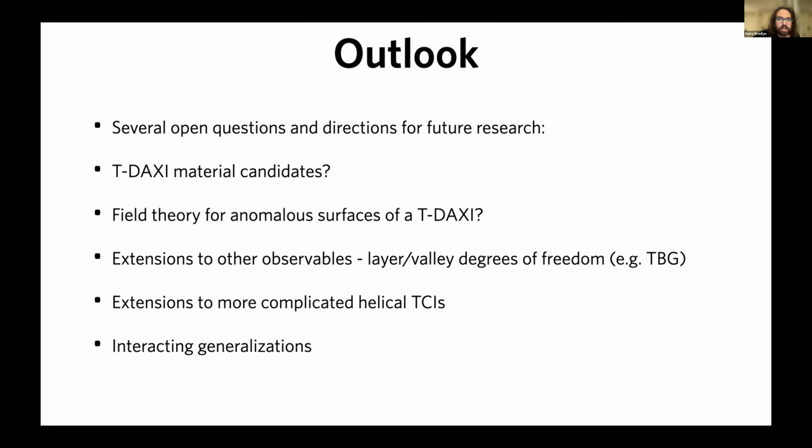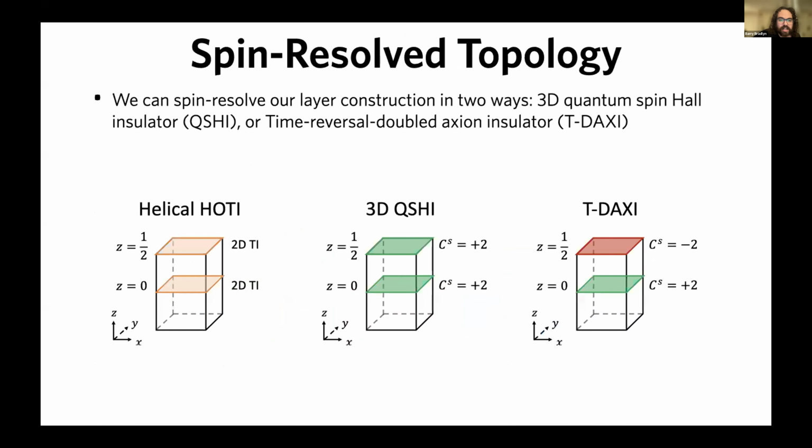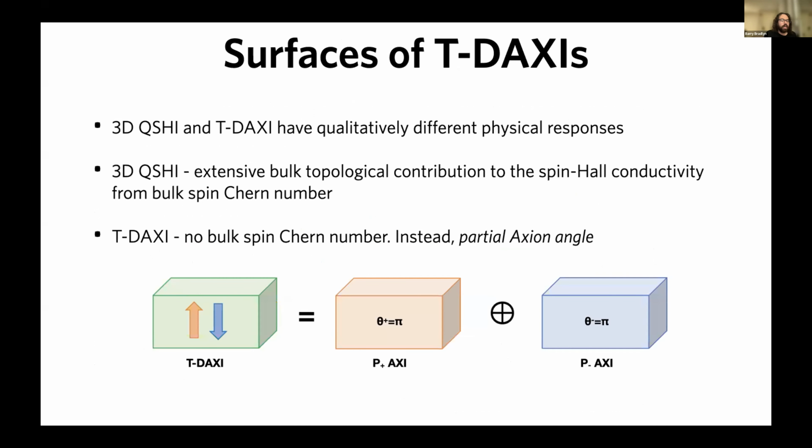Good. So let me go back a second to this picture. So, okay, the total electromagnetic theta angle is 0 mod 2 pi. So this means that there's not going to be a robust smoking gun signature of magnetoelectric response in these systems.